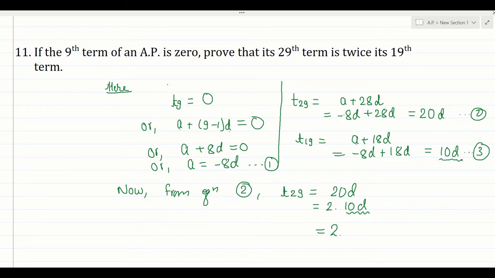How much is 10D? 10D is T19. So instead of 10D, we can put T19. So therefore, T29, the 29th term, is twice the 19th term, T19. Is it clear? Okay, hence proved. Now let's go to next question.